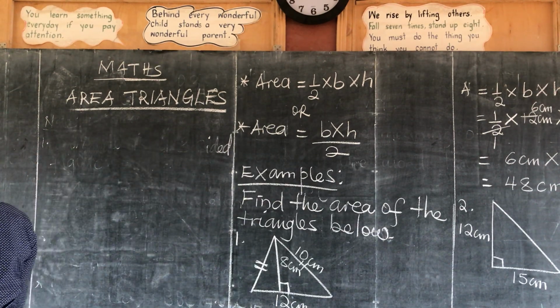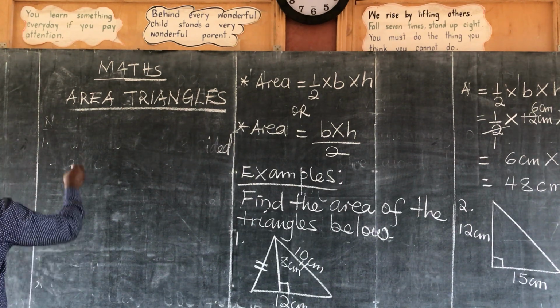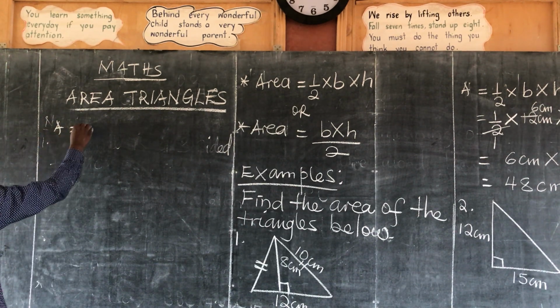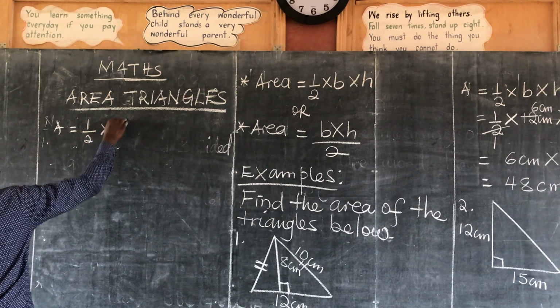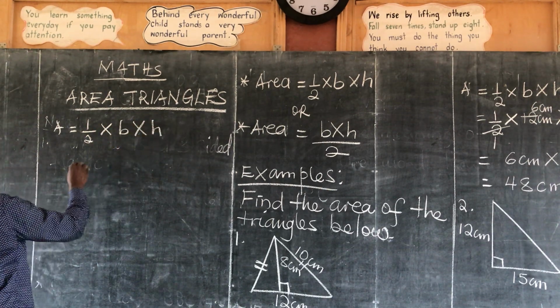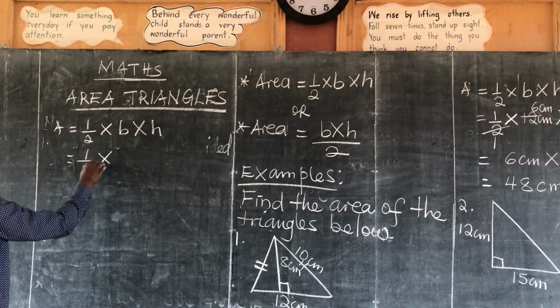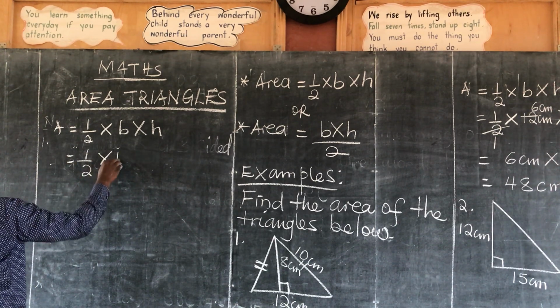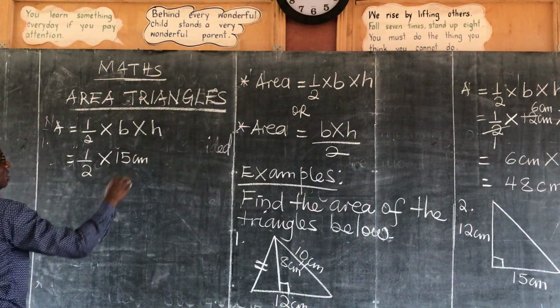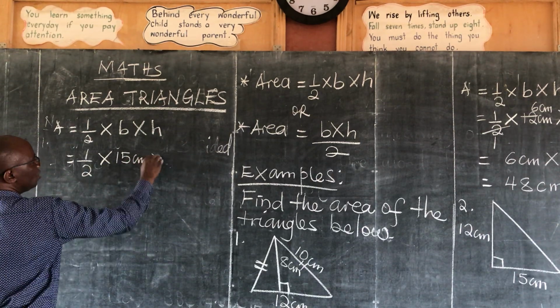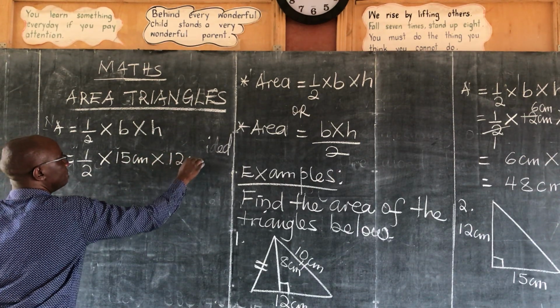So now we go to area is equal to a half times the base times the height, which is a half times the base, which is 15 centimeters, times the height, which is 12 centimeters.